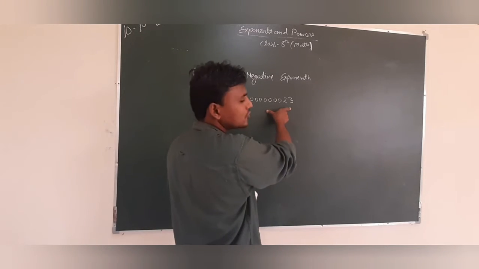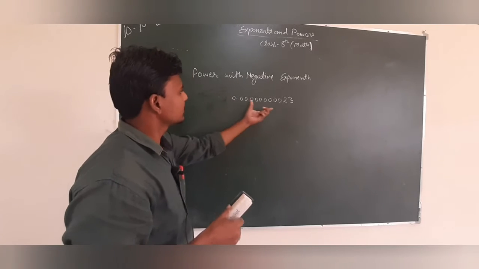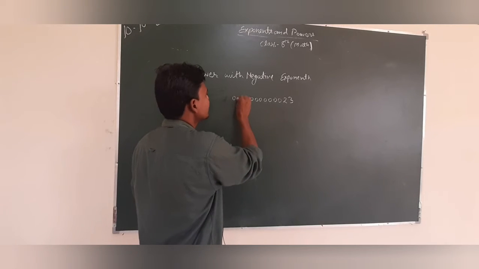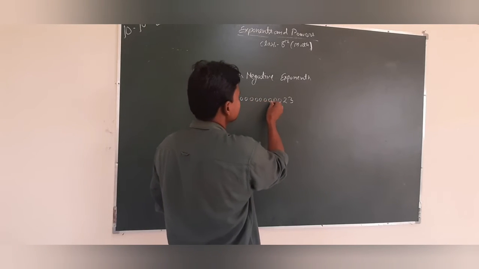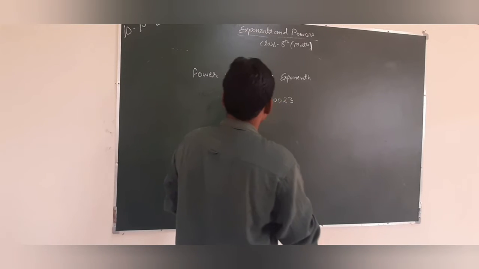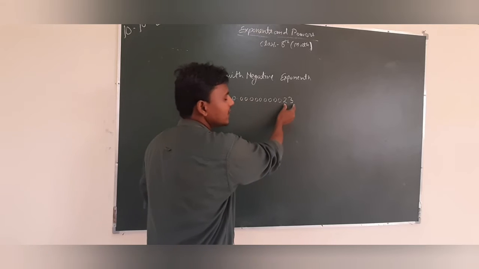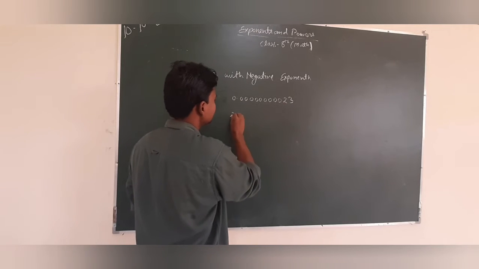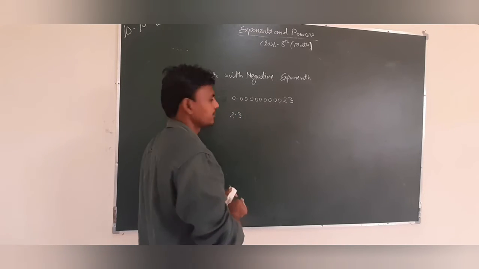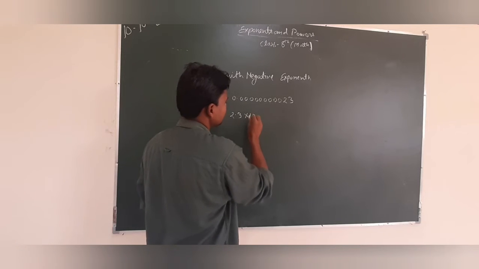This number is so small. That means 0.0000000023. We place the point between 2 and 3. That means 2.3 into 10 to the power.